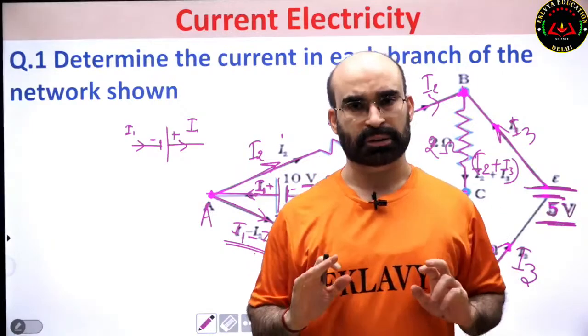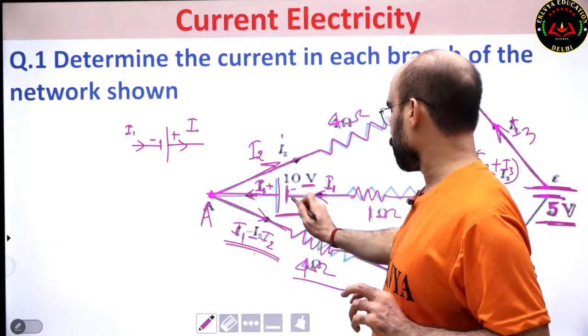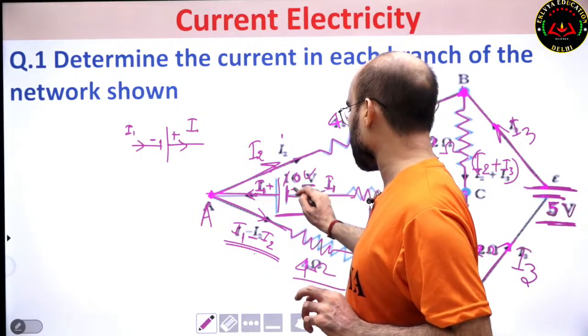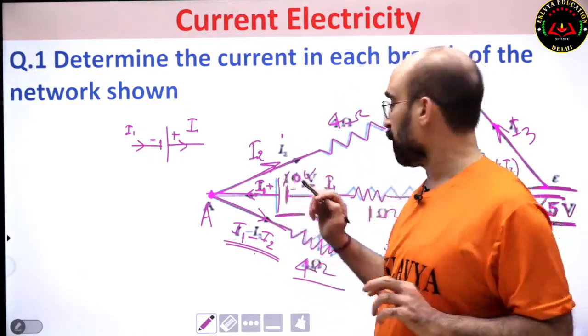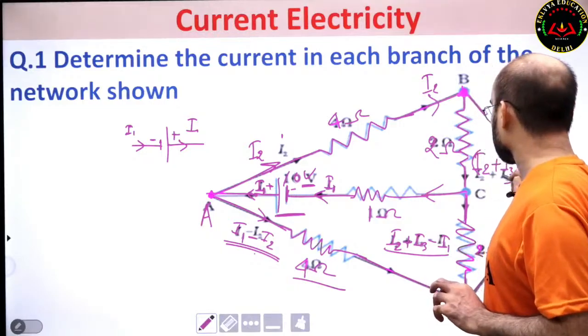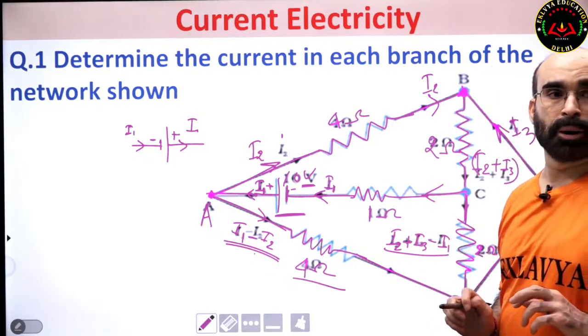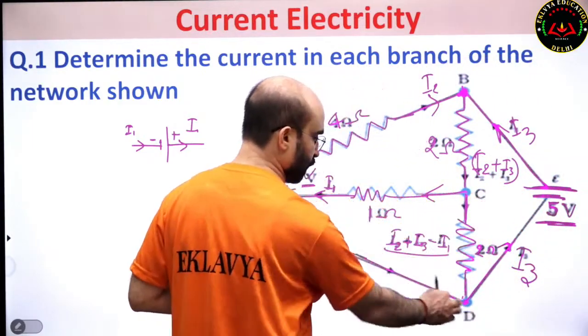This is what we need to understand, right? So here I have taken 10 volts EMF, this cell has got a negative terminal, I1 has started, so I1 has to come here. So from here I2 plus I3, and in this 2 ohm resistor across CD, I2 plus I3 minus I1 current will be flowing.